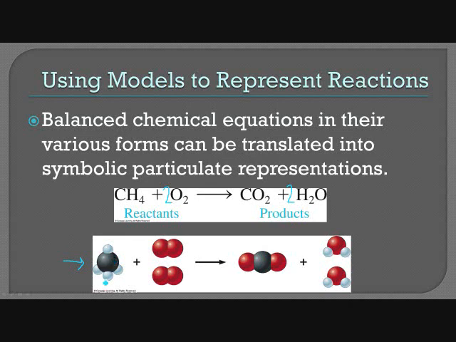So when we lose the H's, we have 2 oxygens that can form double bonds to make the carbon dioxide, and the other 2 hydrogens will go to the other O2 molecule to make the 2 waters.